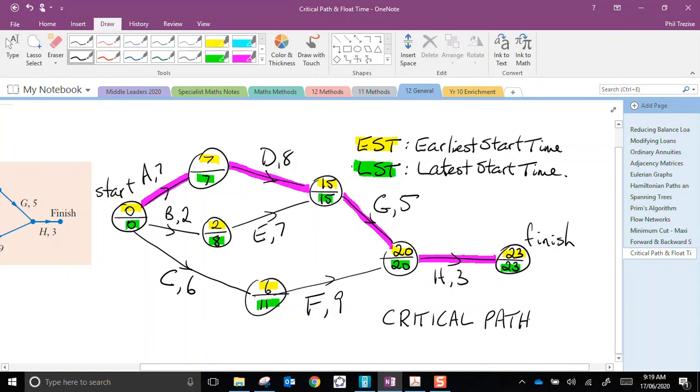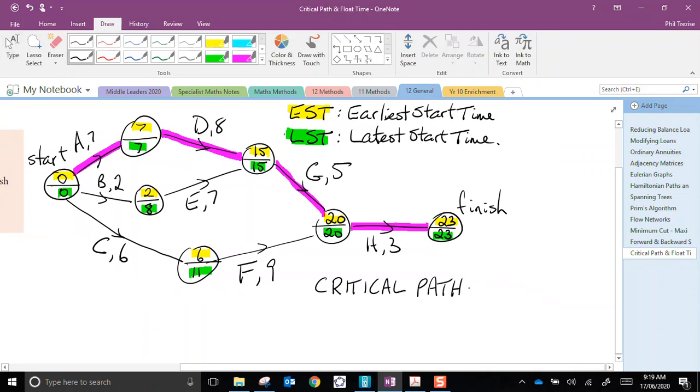And I just list the jobs. The critical path is job A, then it was D, then it was G, then it was H. That's the critical path. I'll highlight that. Let's highlight that.